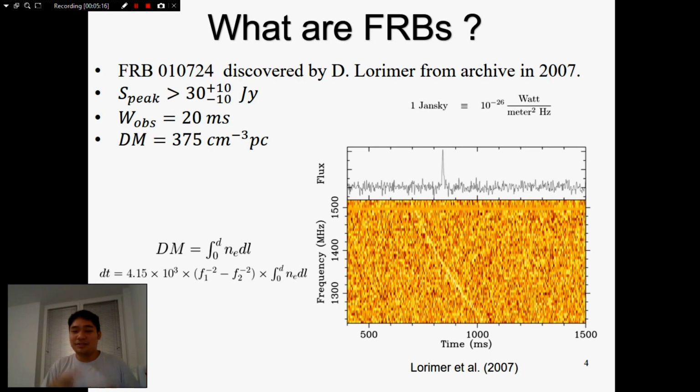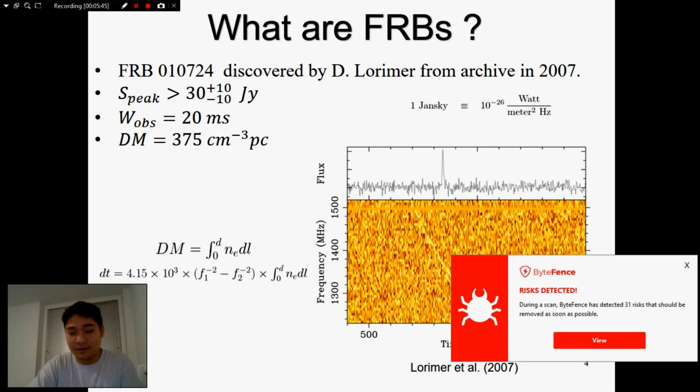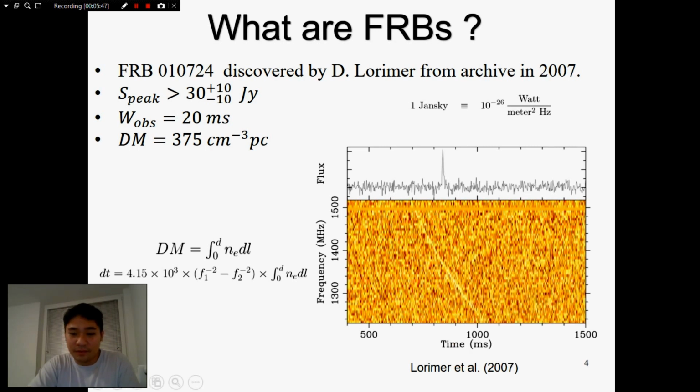It means that the higher frequency arrives at the Earth before the lower frequency. As in the plot here, between frequency and time, the slightly brighter feature here is the burst. You can see that the higher frequency arrived at the Earth before the lower frequency. Then we can find the delay time here, we know the frequency here, and now we can find the DM. Okay, fine.